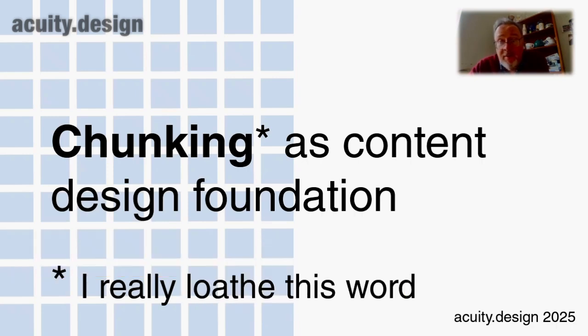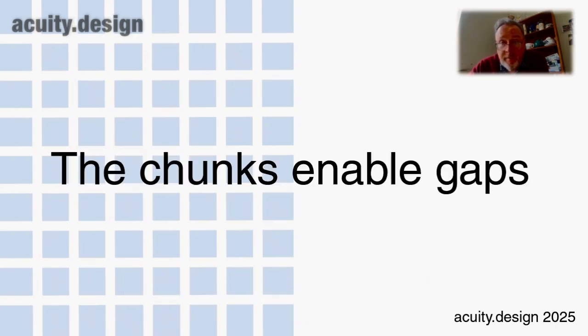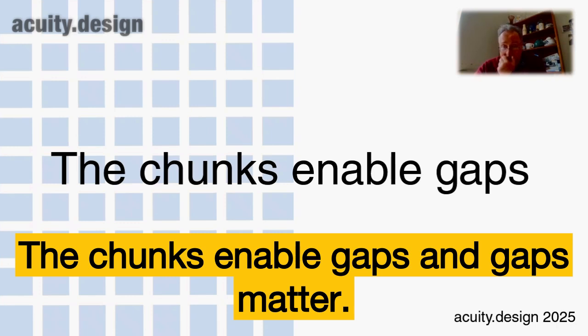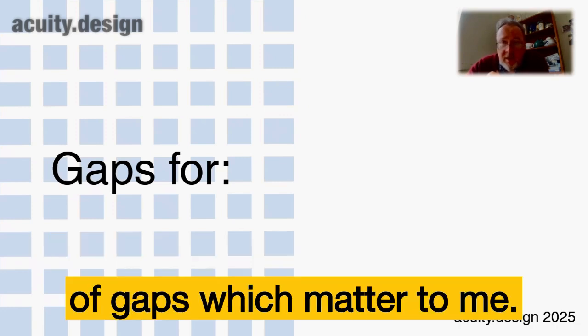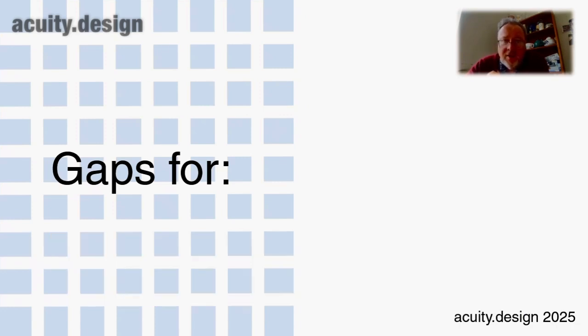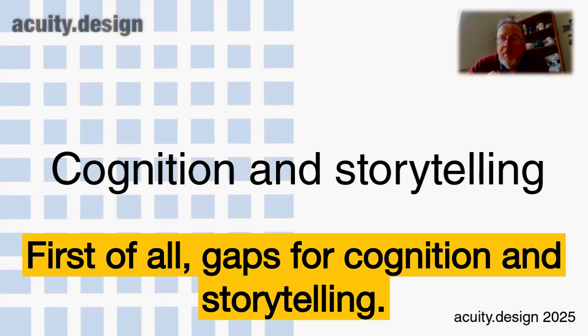However, it is a good concept. The chunks enable gaps, and gaps matter. And I'm going to talk about 3 forms of gaps which matter to me. First of all, gaps for cognition and storytelling.